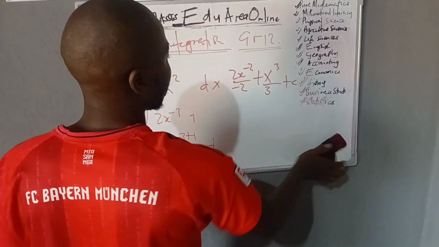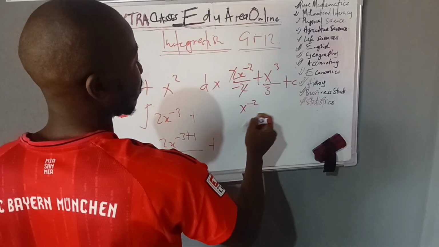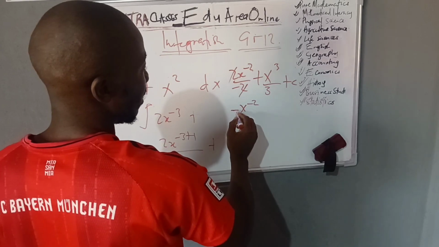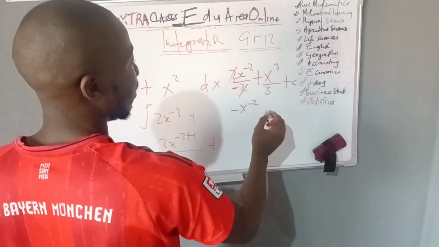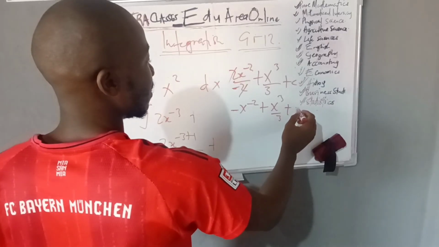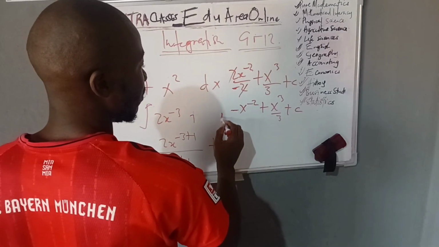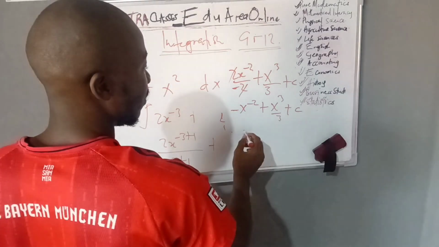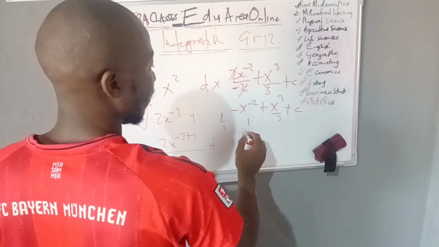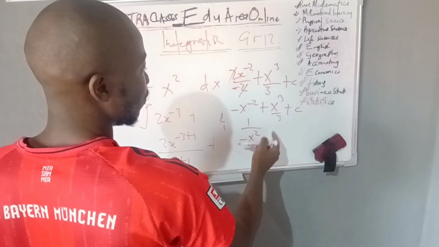Then what do we do next? We can divide, so that means we get x to the power minus 2. This is minus because we have a minus there, plus x to the power 3 over 3 plus c. This can also be simplified as 1 over minus x to the power 2.